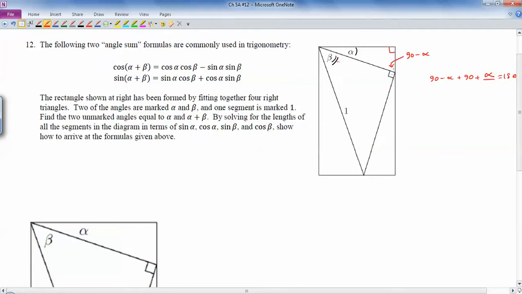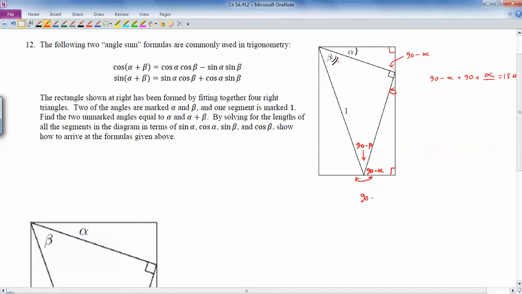So let me mark that, alpha. So 90 right here. This angle is going to be 90 minus alpha. This angle right here, I've got a beta and a 90. So this angle ends up being 90 minus beta, if you work that out. And then I know if I add these three angles all down here together, that should be 180.